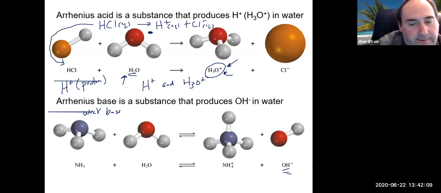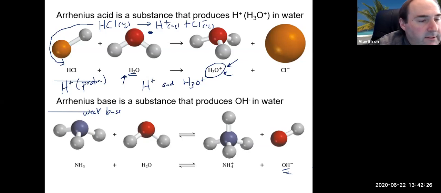If on the product side you see H plus or H3O plus, then you're probably dealing with some type of acid. If you see OH minus on the product side, then you're dealing with some type of base. That's the easiest way to approach it.